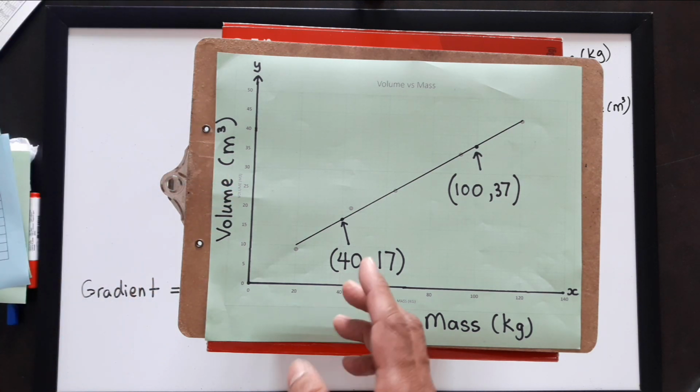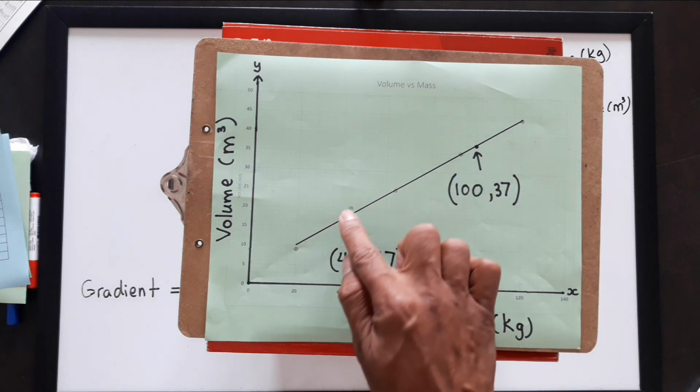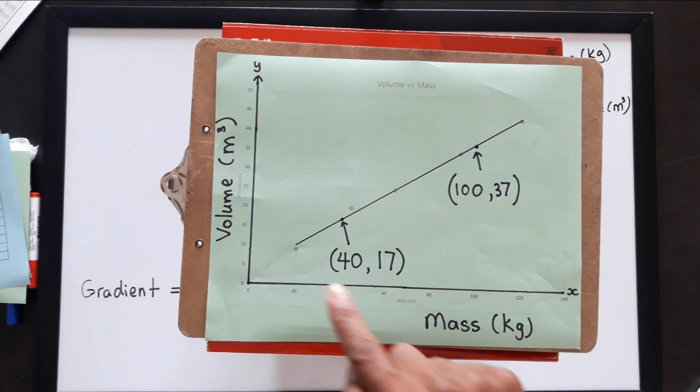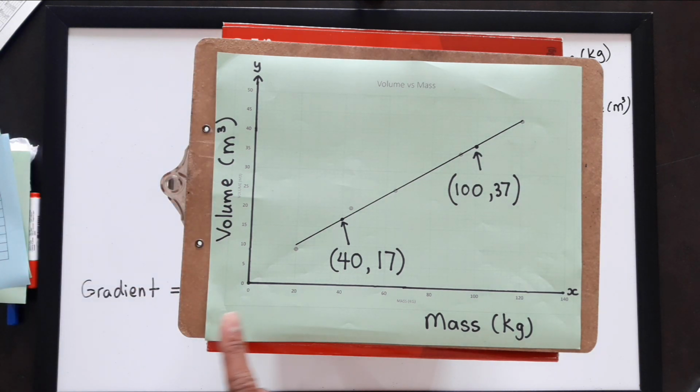And in the experiment, we collected the information and we plot the points. And once again, we did not get a perfect straight line, so we drew a best fit line. And when we did this, you'll notice that the volume is on the y-axis and the mass is on the x-axis. That's going to be very important in a little while.